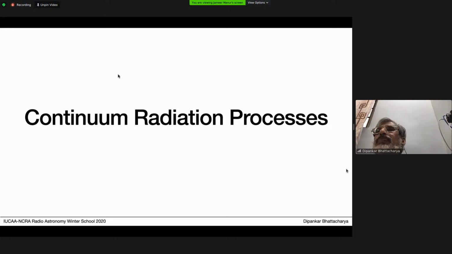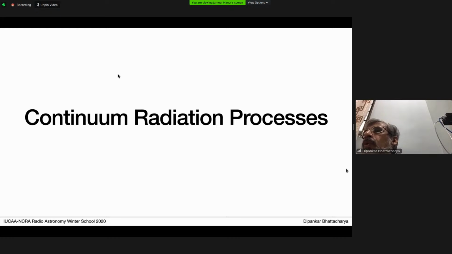I will begin from this, describing radiation processes that produce continuum radiation. We already saw that an accelerated charge emits radiation, and we have also seen that it's a collection of such radiation from multiple charges which produces the net radiation from any given source.